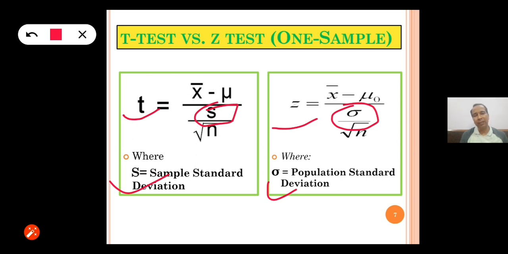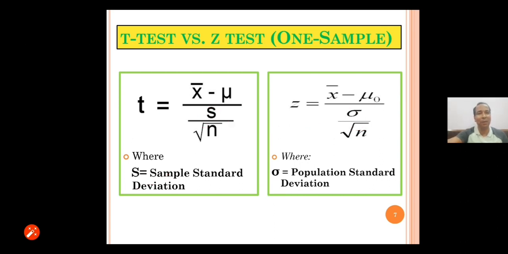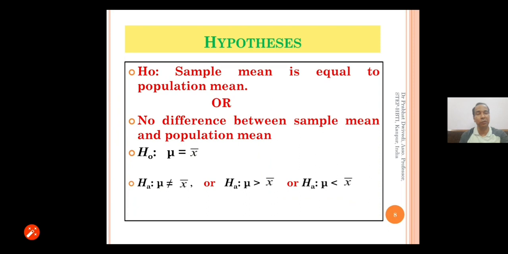So it doesn't matter if the population standard deviation is not given for a large sample; you compute the sample standard deviation and put that value at the place of sigma, and compute the z statistic. That is the important thing which I wanted to tell you.